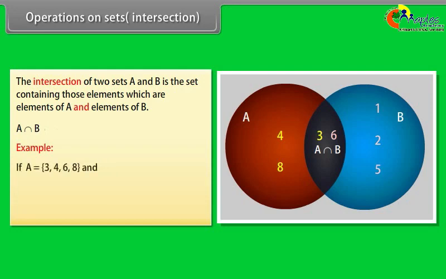Example: if A is equal to {3, 4, 6, 8} and B is equal to {1, 2, 3, 5, 6}, then A intersection B is equal to {3, 6}. Look at this diagram now. This dark portion indicates A intersection B.